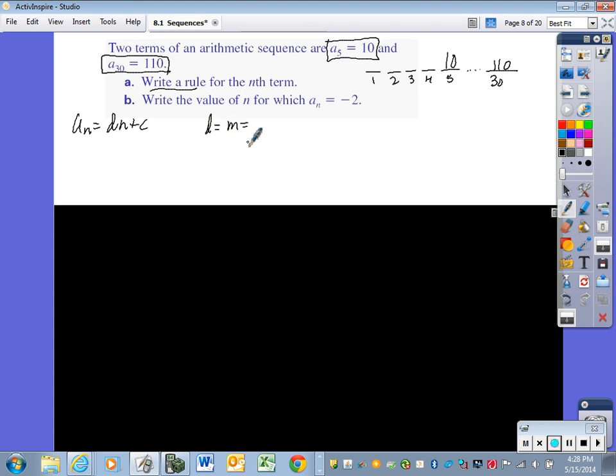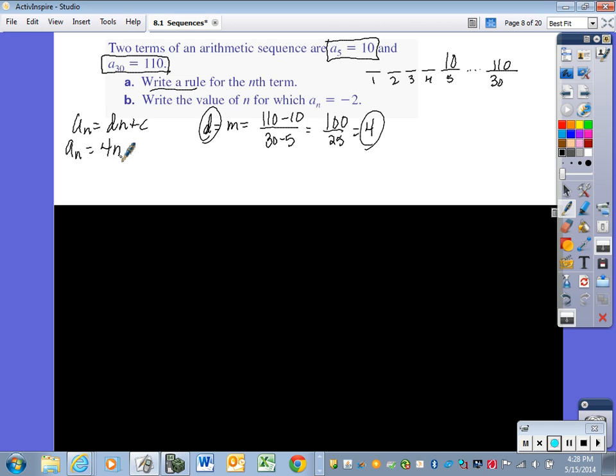How do you find slope? The difference of my y's, which are my a sub n's, over the difference of my x's, which are my n's. 100 over 25 is 4. My difference is 4. So I can put a sub n equals 4n.